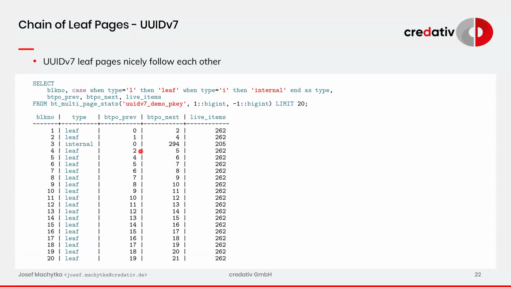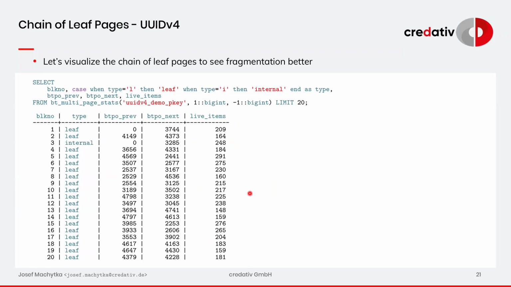But when we jump to page number 4, we are back in that sequence. So page 4, previous page is page 2, and next page is page 5. And as you can see, all these leaf pages are sequentially ordered one after each other. All of them, well, let's not look at this internal page because this is special, but all those leaf pages, they have 262 tuples per page.